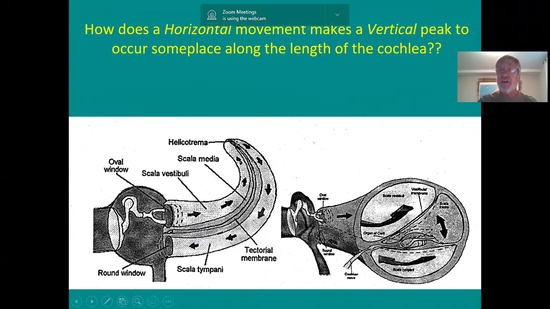And that give is in the scala media, because the scala media is the membranous labyrinth made of membranes. It's the only thing that can give, because the walls surrounding the cochlea, if you look at my cursor, are bone. So when you've got this horizontal movement of fluid pushing and squeezing into a narrow tunnel to get around, you're going to get a buildup of pressure.